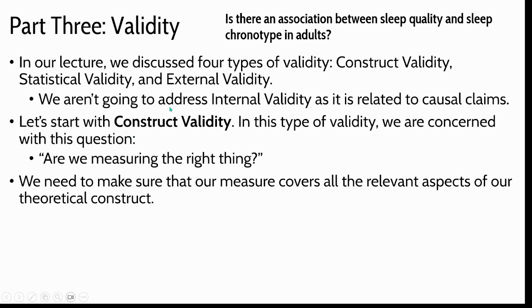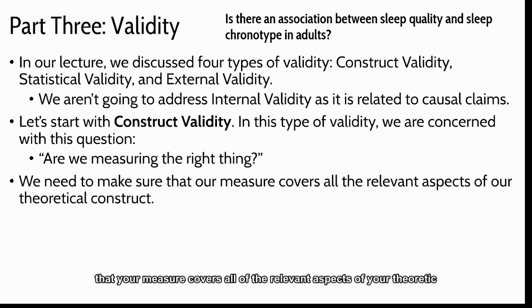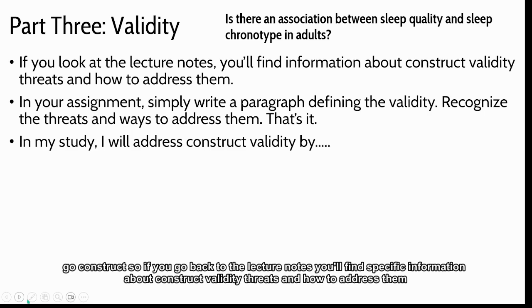So how do you address construct validity? Remember, in construct validity, we are worried about those conceptual definitions that we came up with earlier in our variables section. We want to make sure we are measuring the right thing. So what you are talking about is that your measure covers all of the relevant aspects of your theoretical construct.